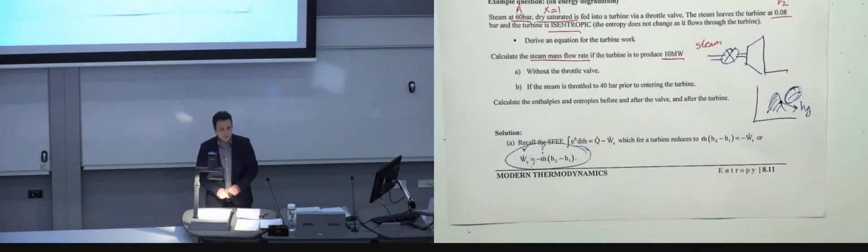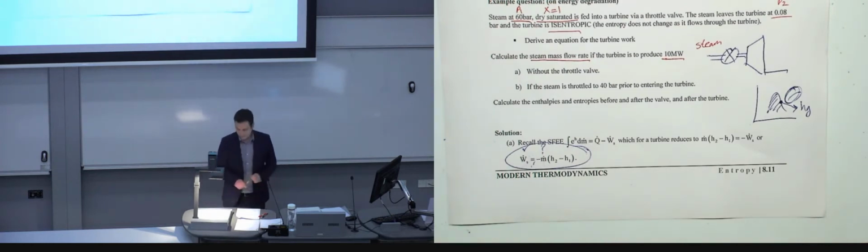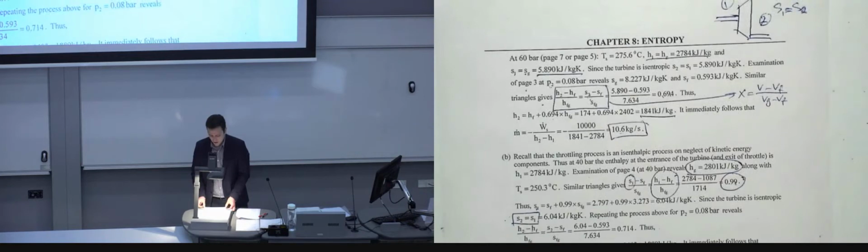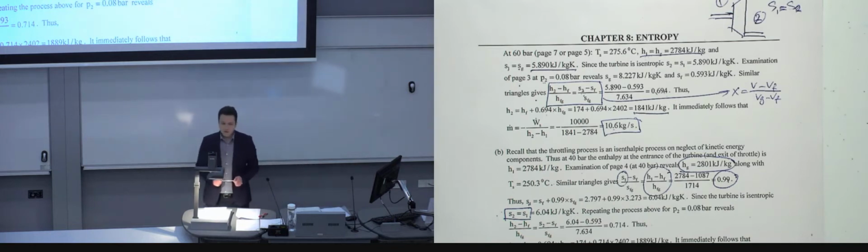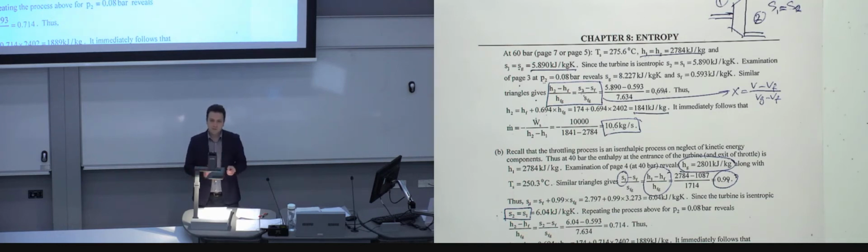I'm going to do 2 more examples on this, and then I'm going to carry on with the rest of the lecture. One important thing which I mentioned about the turbine: we looked at different devices, including the turbine, compressor, a nozzle, etc. You need to look for what is common before and after that device.